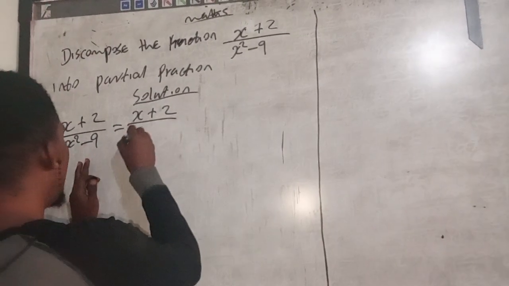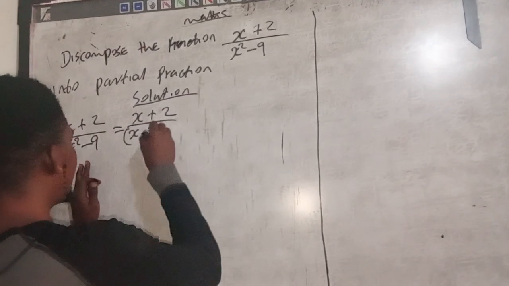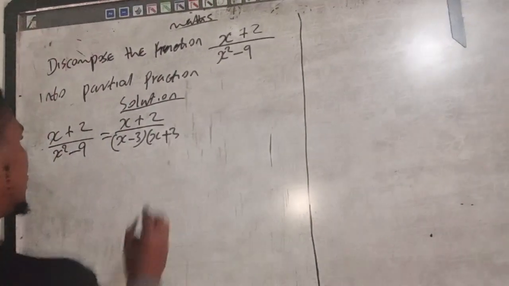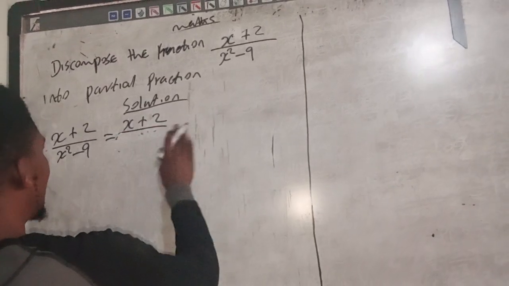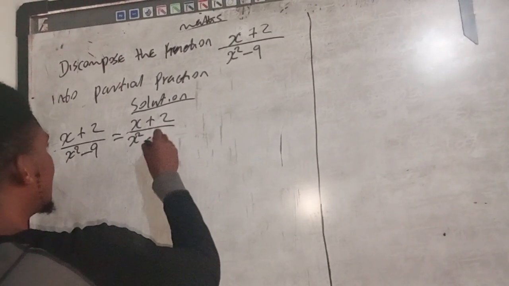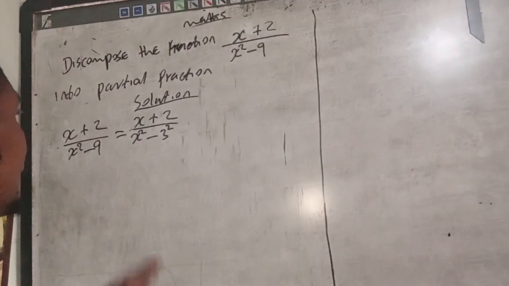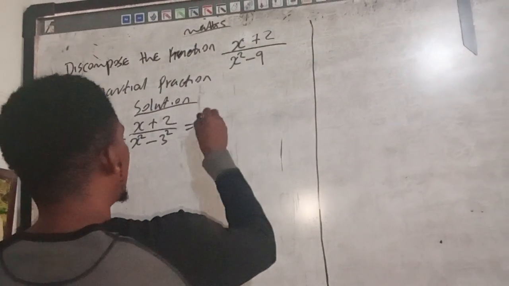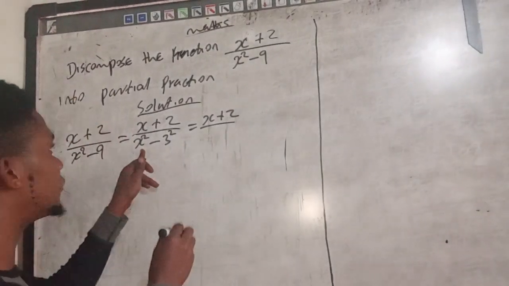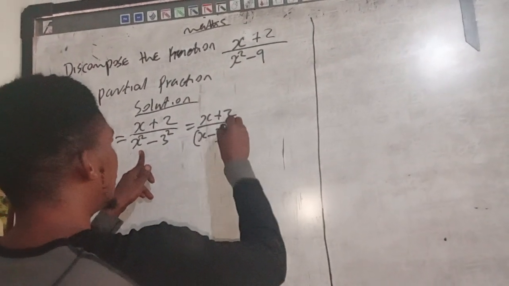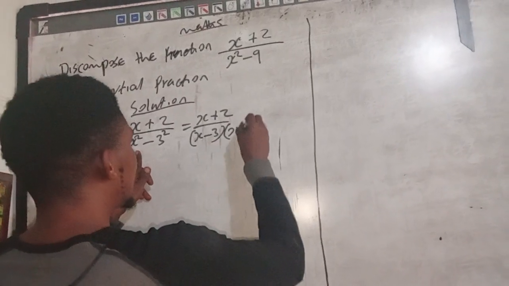This will be x squared minus 3 squared. If you do factorization, the difference of squares will give you x minus 3 times x plus 3.